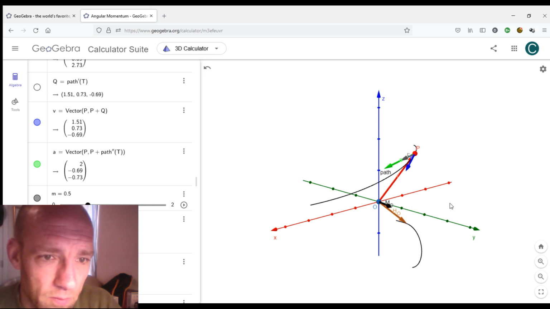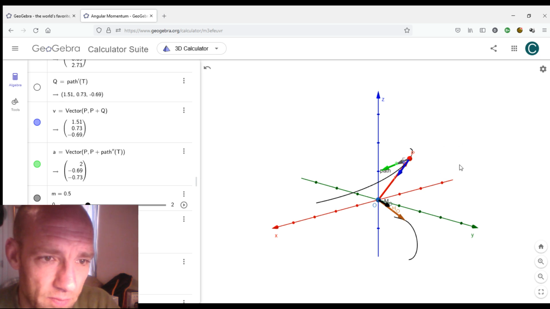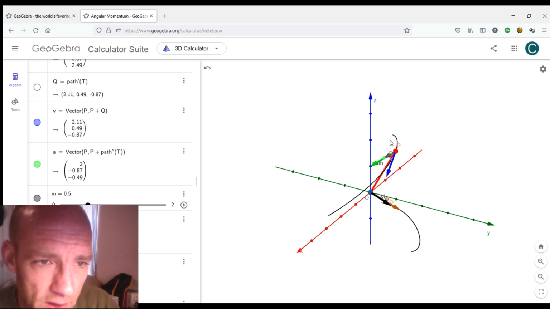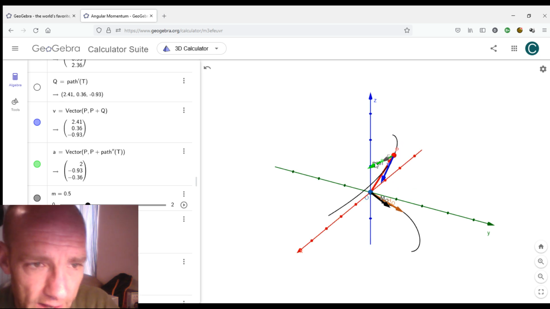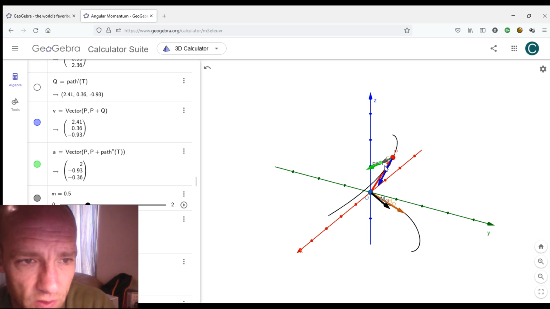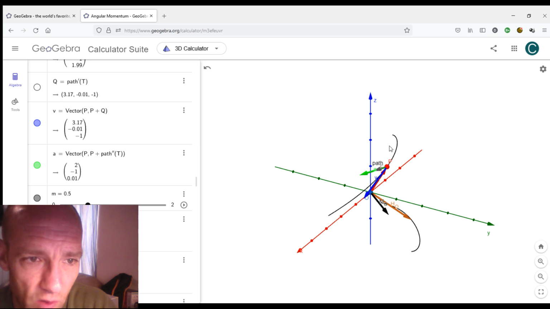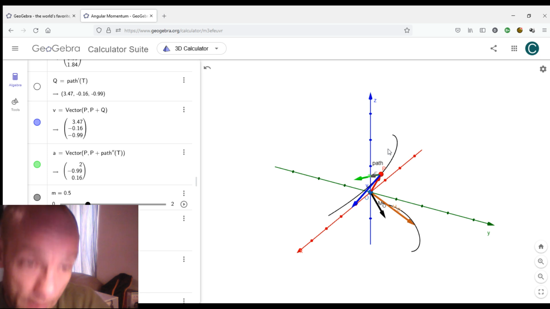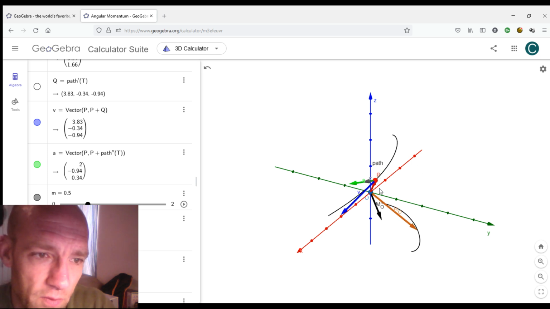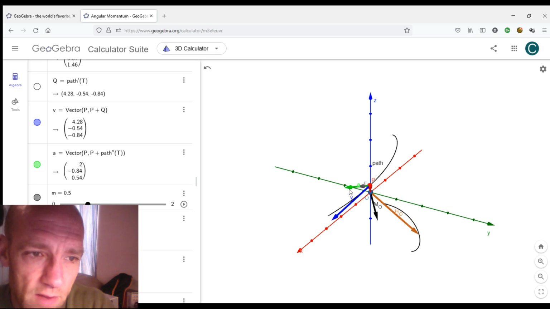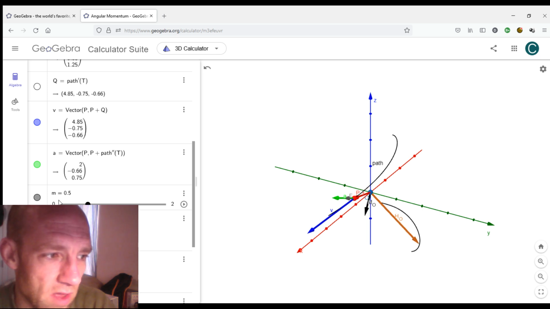But what we have here is a particle P traveling along a path, and it has a velocity vector which is obviously tangent to the path, as well as the acceleration and stuff that keeps it confined to the path. All right. Now, the force is clearly going to be in the same direction, and proportional to the acceleration. And in this case, I've set the mass to be 0.5.